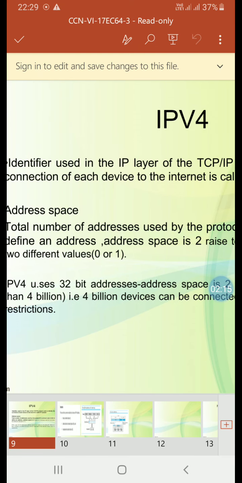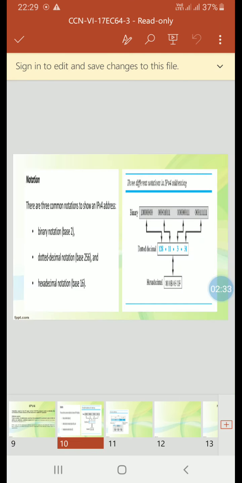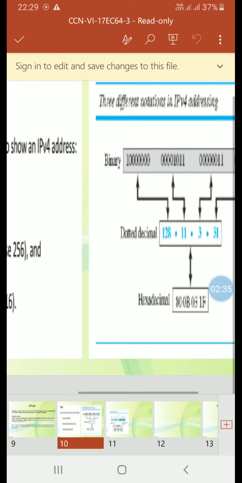So for IP version 4, which uses 32-bit addresses, the address space is 2 raised to 32, or 4,294,967,296.